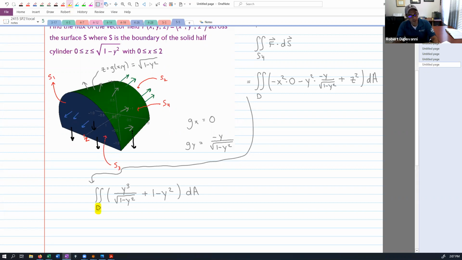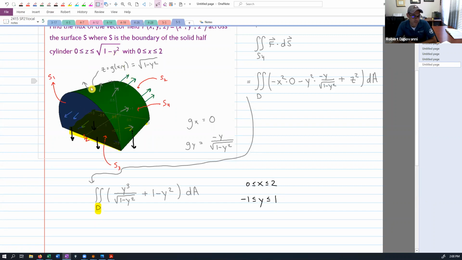I need to figure out my limits of integration. Those are my restrictions on x and y. So that's the ground, isn't it? Hard to see it here, but that's the ground right there, which we can tell from the information we're given. X is stuck between 0 and 2, from here to here. And y is stuck between -1 and 1 because this cylinder has a radius of 1.